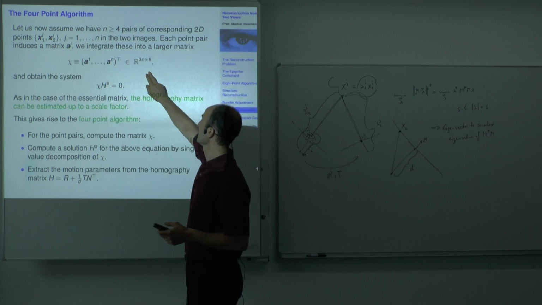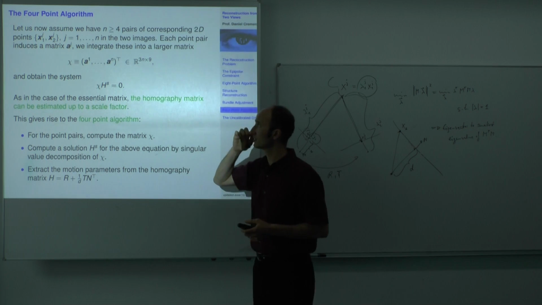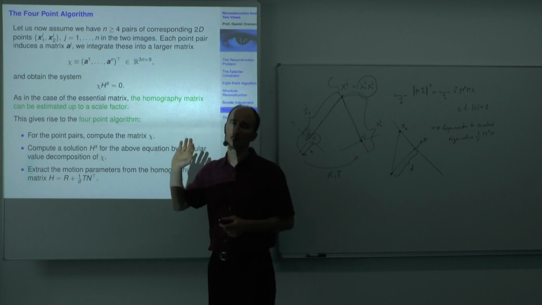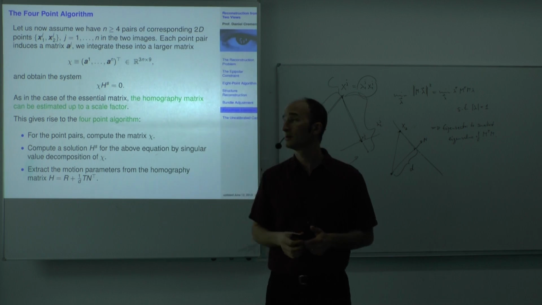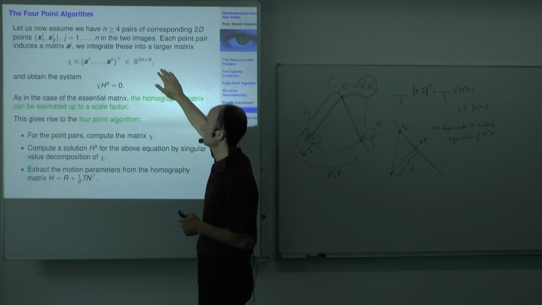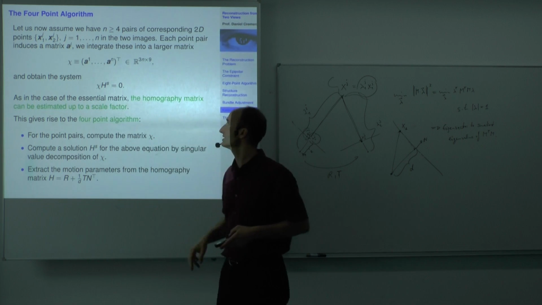So each point contributes 3 here, but in terms of rank, it contributes only 2. So the total rank is at most 2n. Meaning here 8. If I take 4 points, I would have a rank of 8. And then I want to solve this equation system.